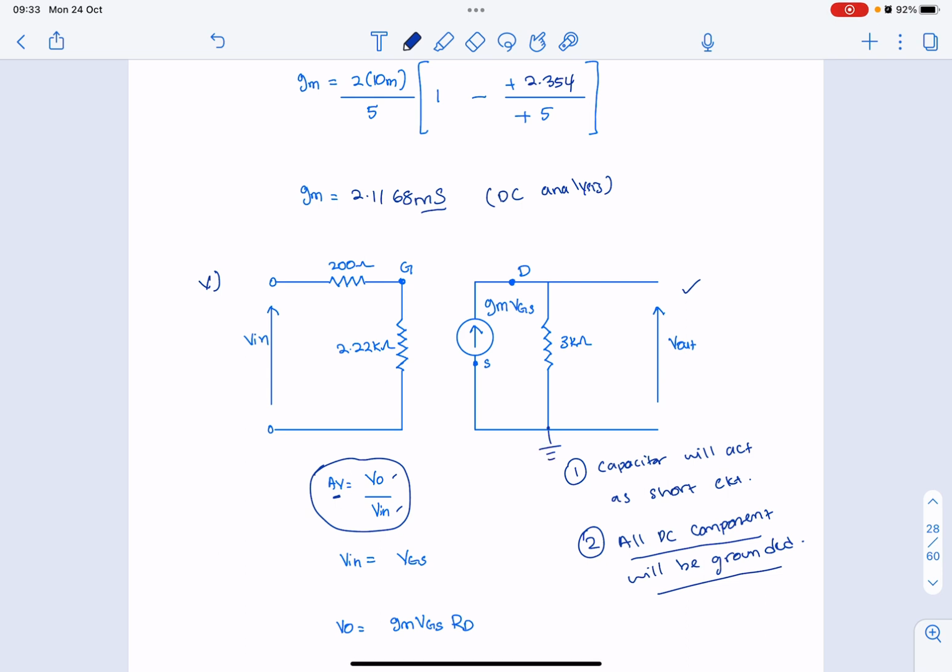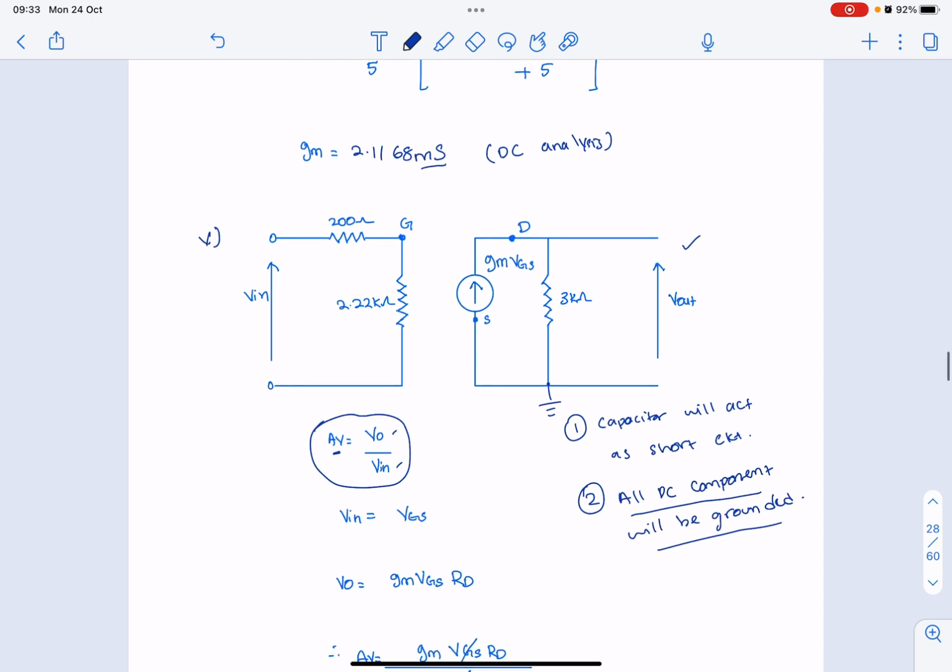So this is your circuit. Previously here you had RS. Since there is a capacitor, the RS will be shorted, so it disappears and becomes a straight line like this.